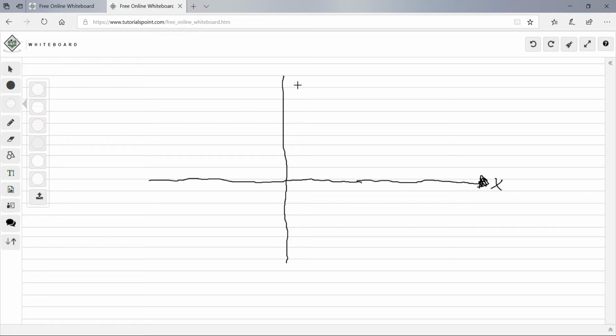This is your x-axis, y-axis. So we said that the y-intercept, hold on.